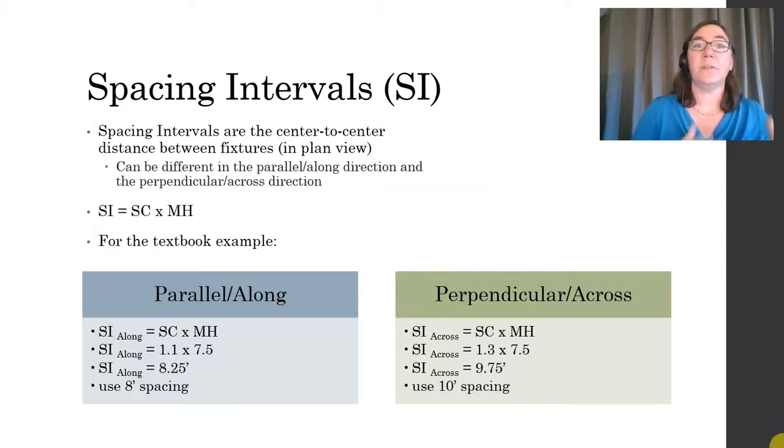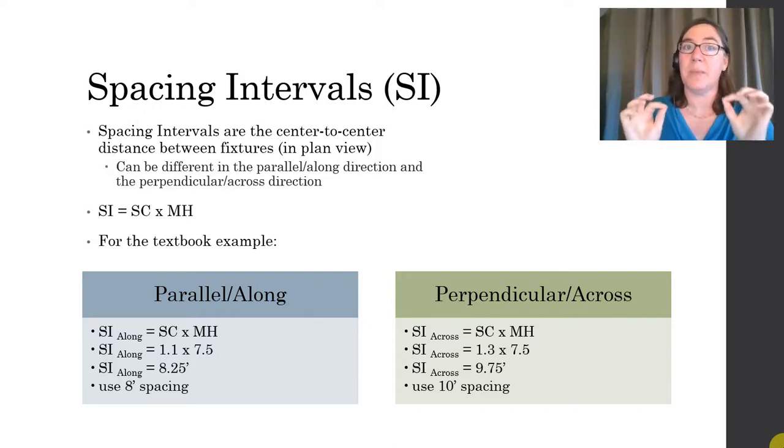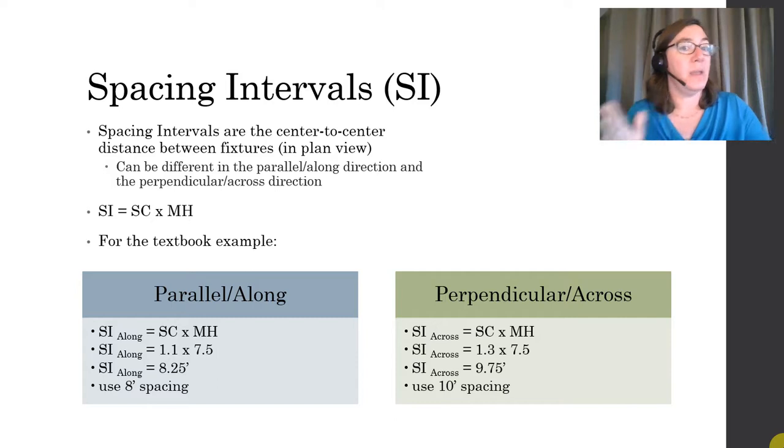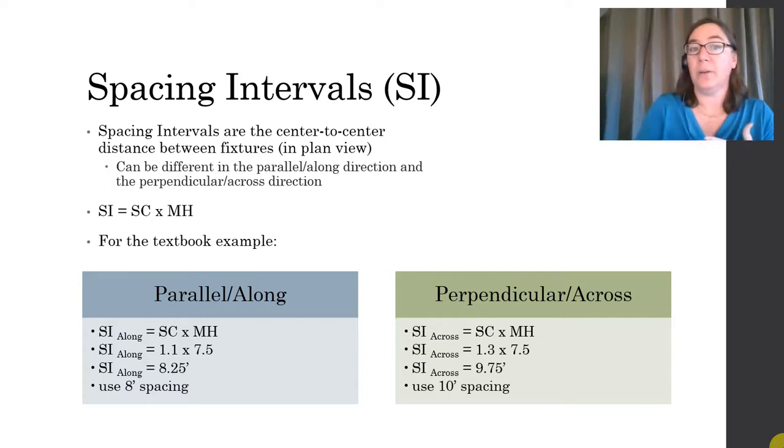The spacing intervals are going to be the center to center distance between the fixtures. So we're measuring to the exact center of a luminaire in your plan view. It can be different in the along direction and the perpendicular or across direction. And so for the textbook example, we've got two different calculations.